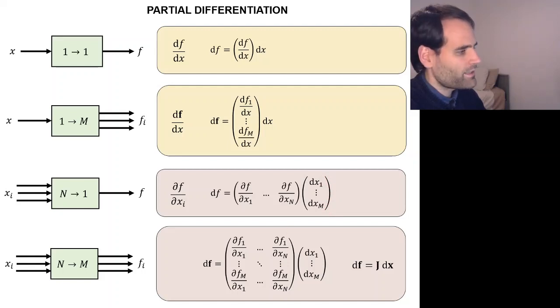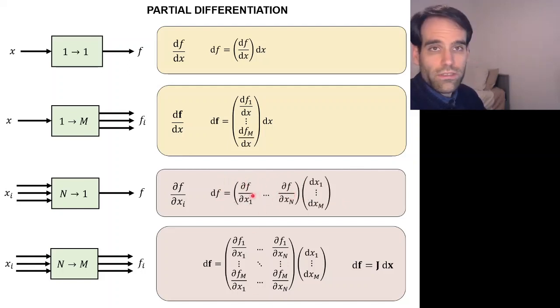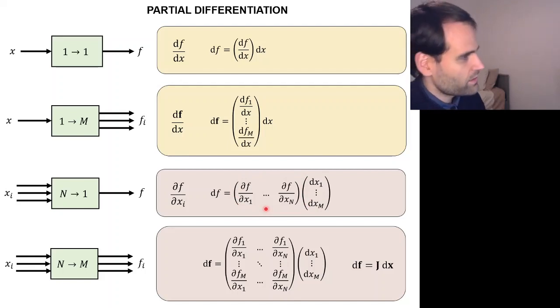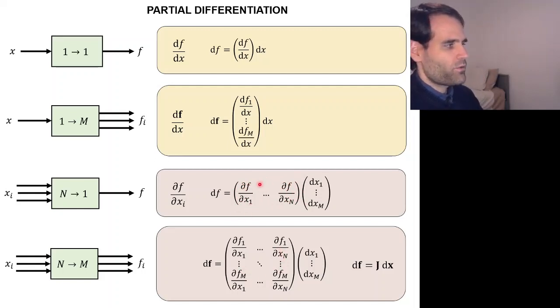Okay, so we can rewrite this known expression for the total differential of f as a vector containing all of the partial derivatives written in a row, times the vector of the differentials of the input written in a column. Okay, so this can be interpreted as the Jacobian matrix. So this is clearly the Jacobian matrix in the case when m equals 1. So this is just a special case of this.